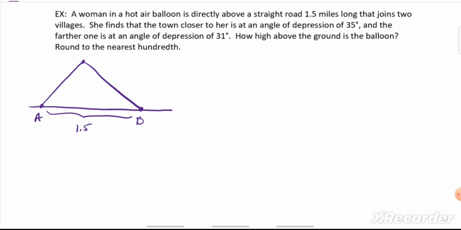They tell us that the angle of depression, so if here's our straight sight line, our angle of depression to the closer town is 35 degrees. And our angle of depression to the farther away town is 31 degrees.